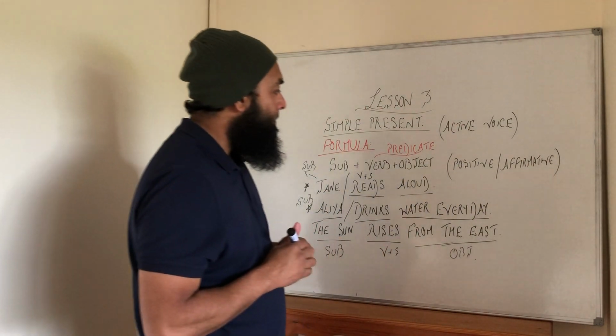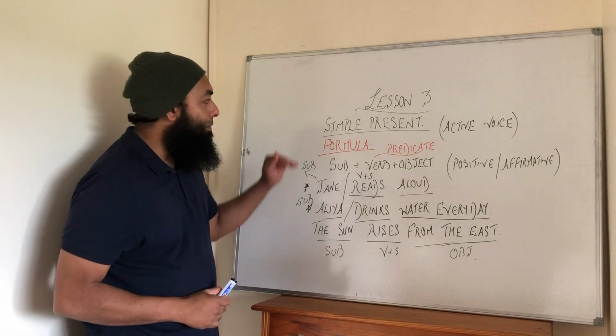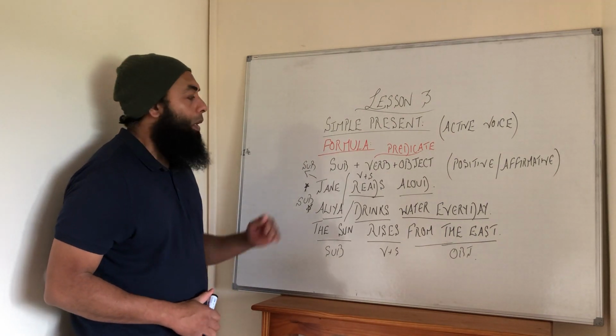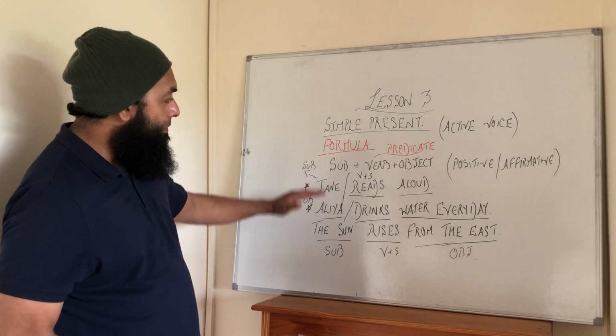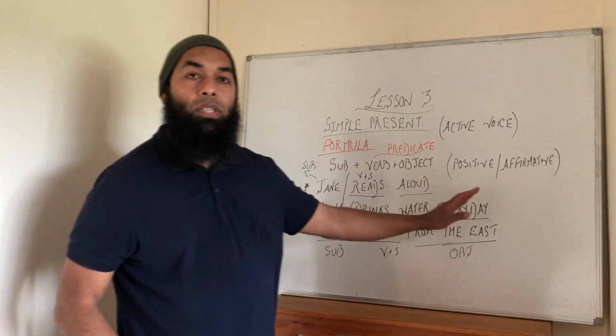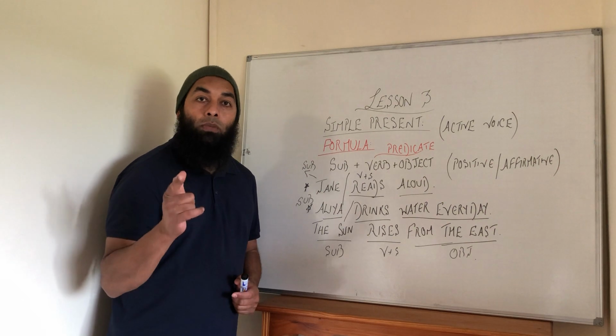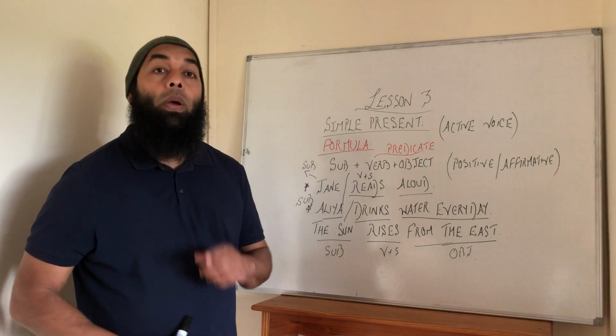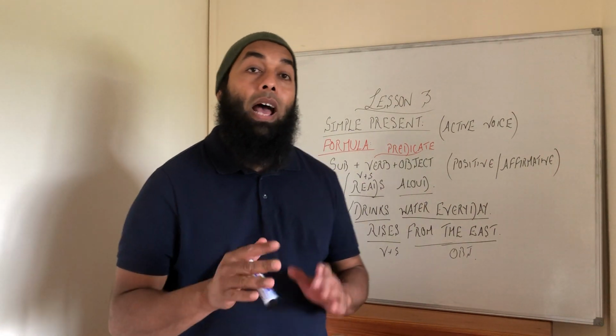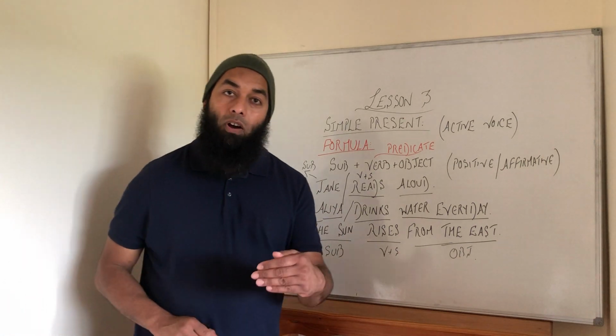Okay. So this is one way of making simple present tense, okay? So this is the formula of making simple present tense in positive and affirmative. What you should do, practice them, and don't forget to watch my new video where I will be giving you the tips how to change them into a negative form, okay?